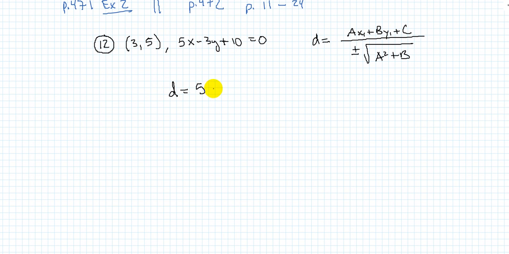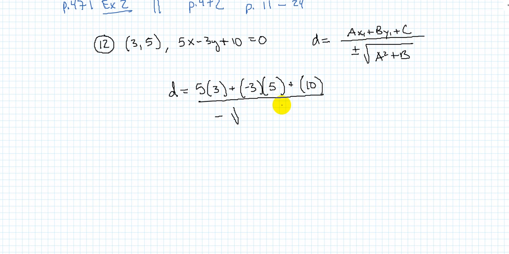A will be 5, x1 is 3, b is negative 3, y1 is 5, c is positive 10. So that means, this is where we could change our sign already, that this has to be negative.